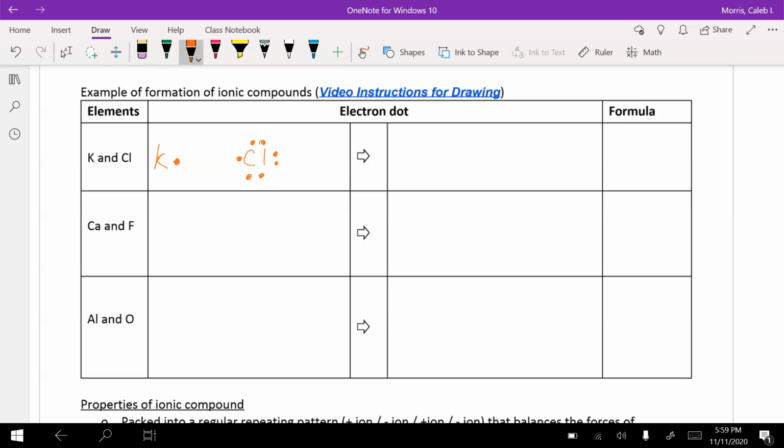So thinking back to what we just did, potassium wants to get rid of one electron so that it can have a full outer shell. Chlorine wants to have a full outer shell too. The easiest way for it to do that is not to lose electrons, but to gain electrons, and it only needs to gain one. So these two can see that they can work together.